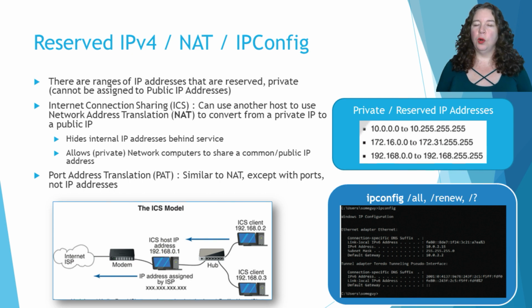That way, if the school has an outside public IP address, but each of the internal computers has their own private address, which is part of that reserved group, they can keep using those internally, and then when they need to get outside to the internet, they can translate from their private out to that public outside one.